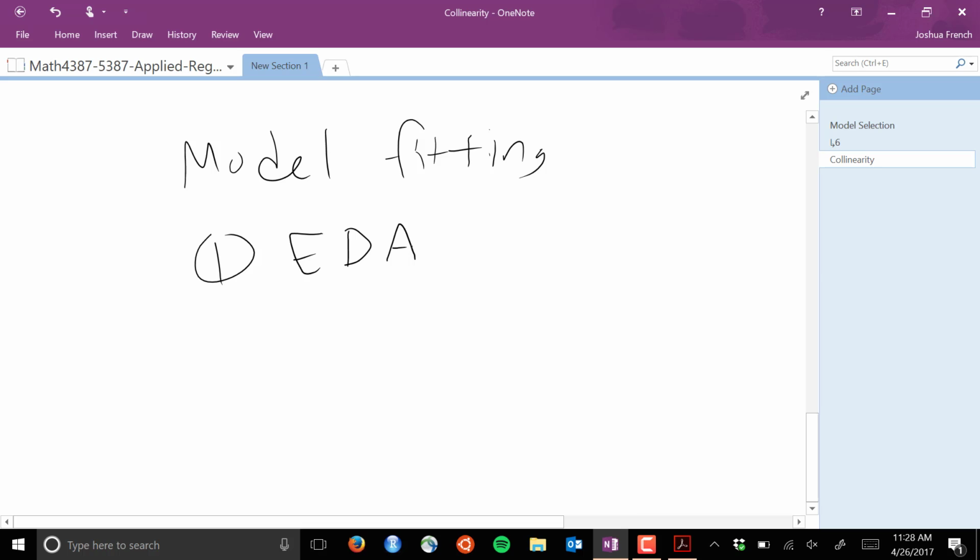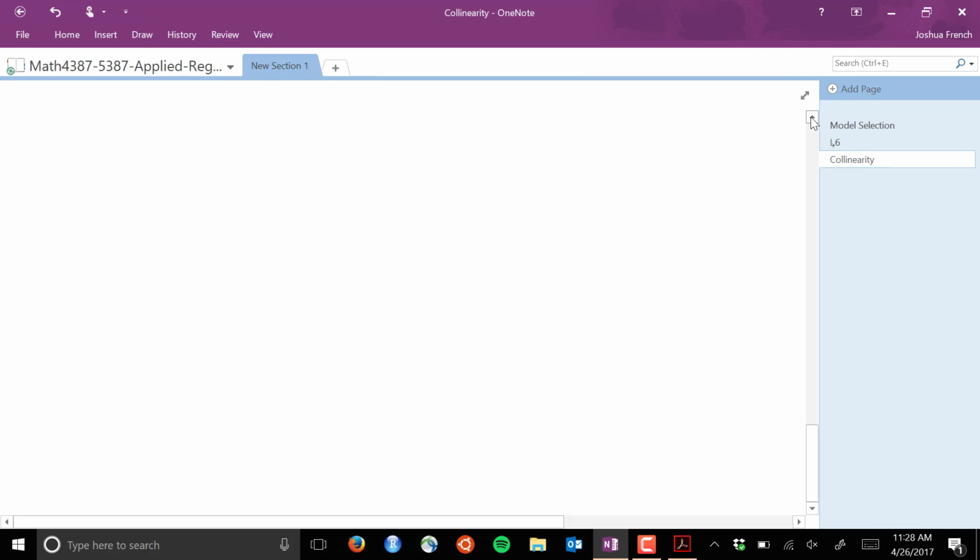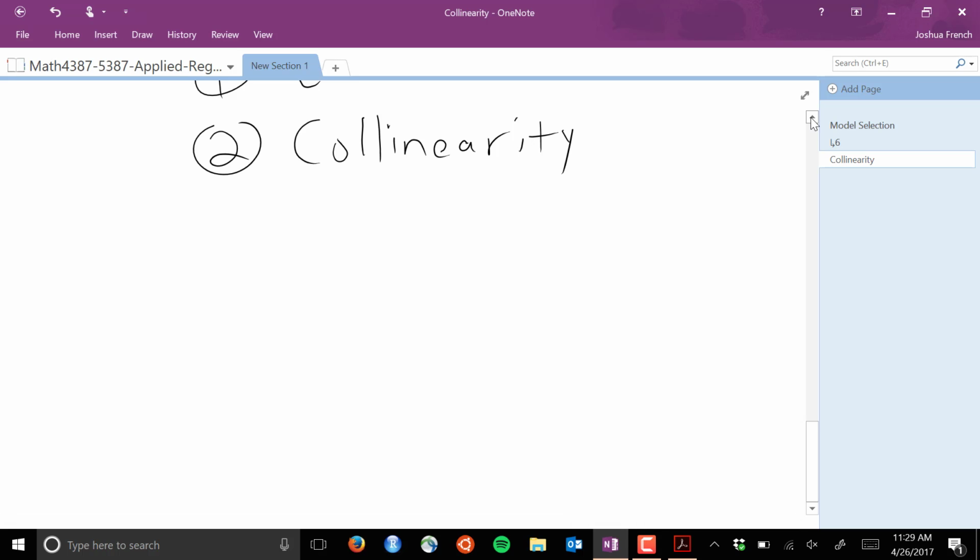These are plots of your response, plots of your regressors, looking at their distribution, how they're related to one another, looking at summary statistics, etc. After you do that, then you want to check for collinearity. And my recommendation is that if you have problems with collinearity, then you remove the offending regressors from your model, whether that's looking at the condition indices or looking at the variance inflation factors. You may be able to remove one or more regressors from consideration.